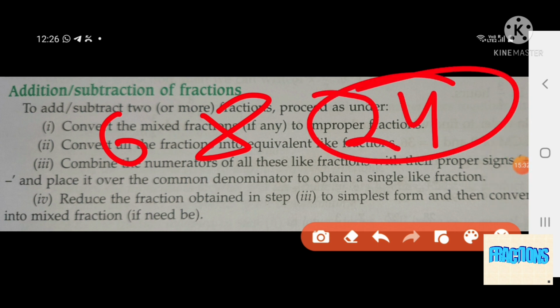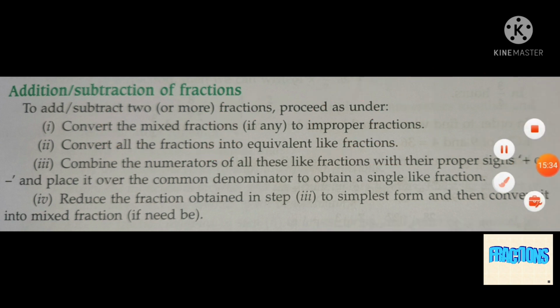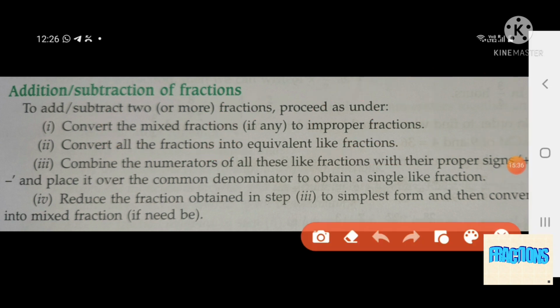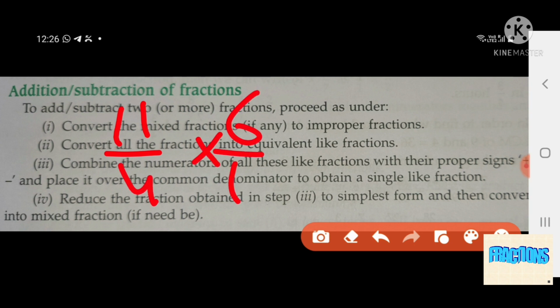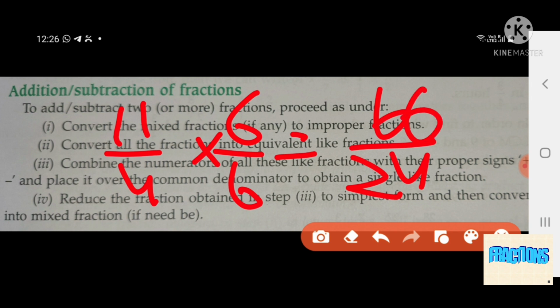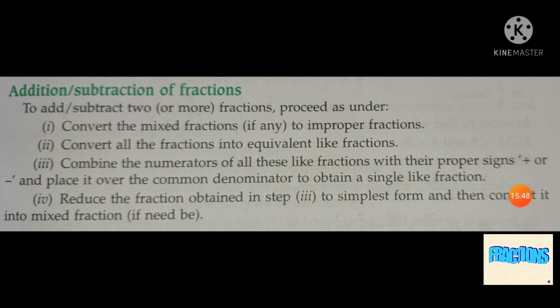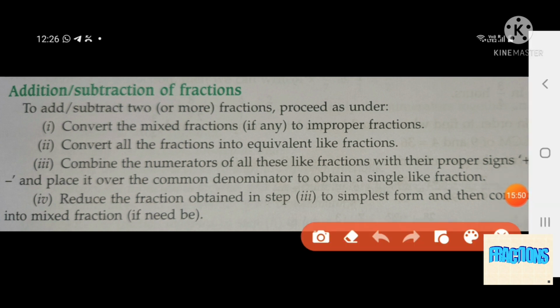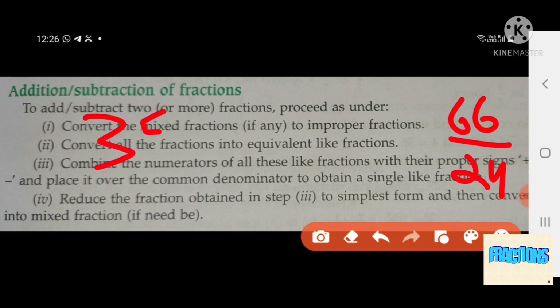Now we have to make it equivalent. For that, 11 upon 4 into 6 upon 6 equal to 66 upon 24. Now we are writing it again in the corner. Next is 35 upon 6 into 4 upon 4.